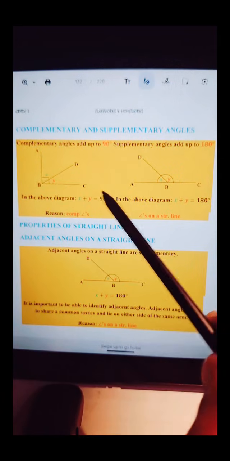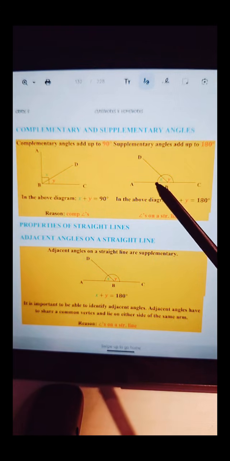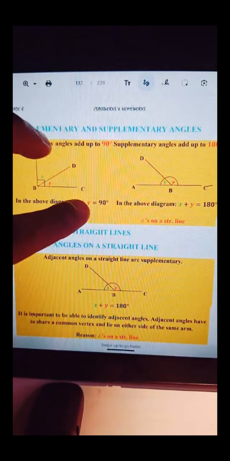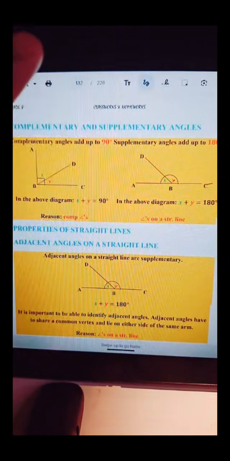So x plus y equal to 90 degrees. That's comp angles. Then we said supplementary angles add up to 180. So x plus y lying on the straight line is equal to 180, and we use angles on a straight line for short to accommodate that and the reason for why. We don't write supp angles, we write angles on a straight line to emphasize the point that the two angles, when we add them together, give us 180.